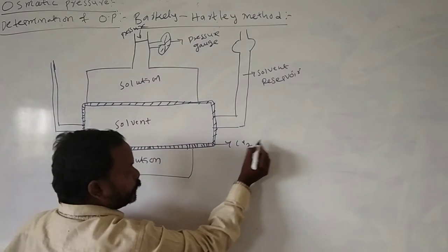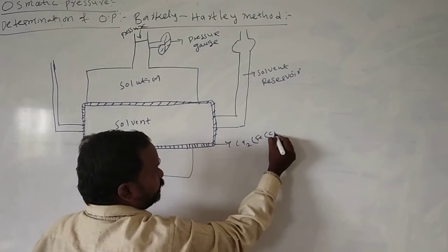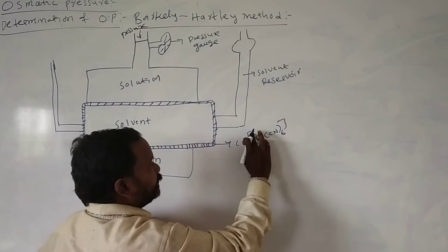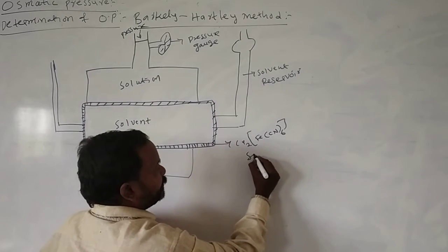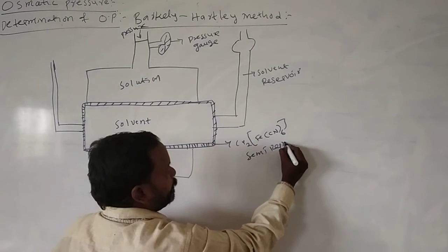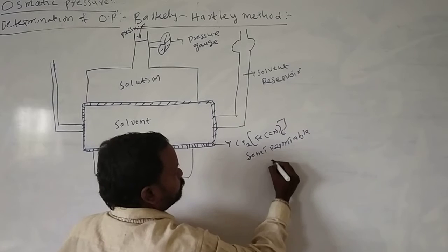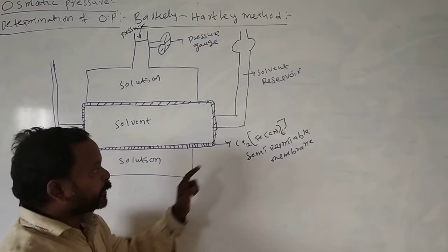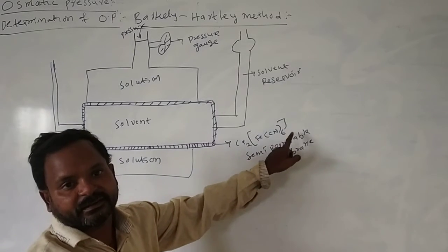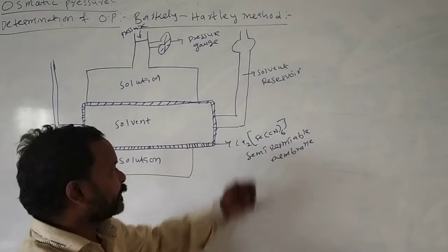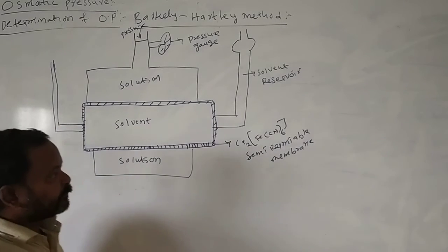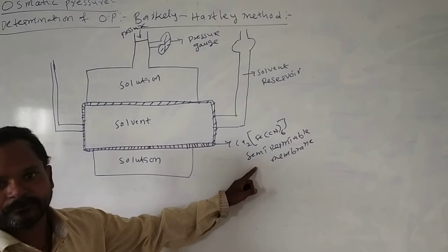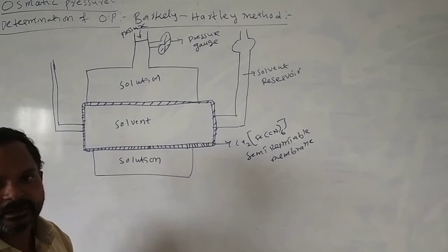This is Cu2Fe(CN)6, cupric ferrocyanide semi-permeable membrane. What is a semi-permeable membrane? It allows only solvent particles.